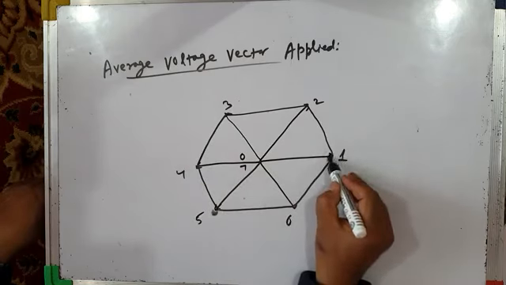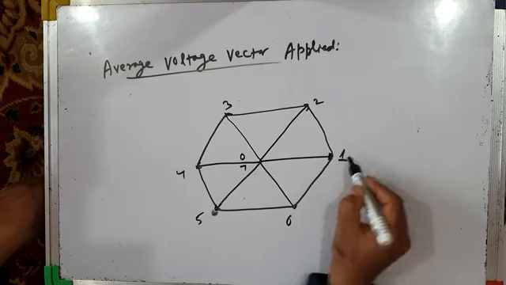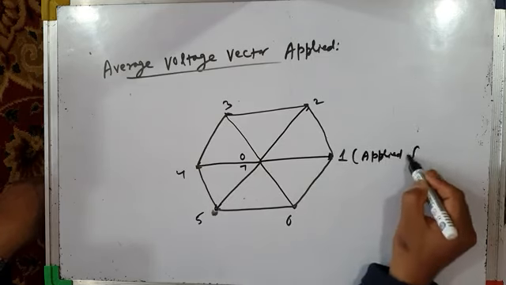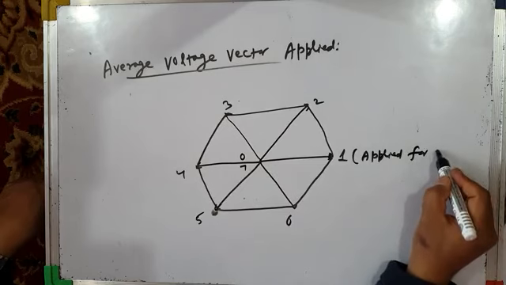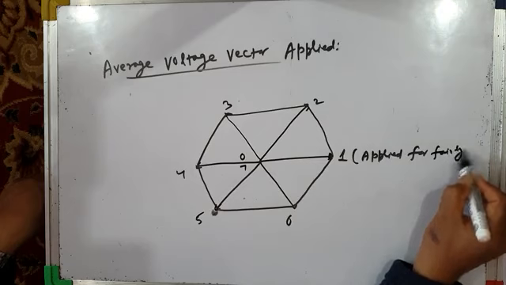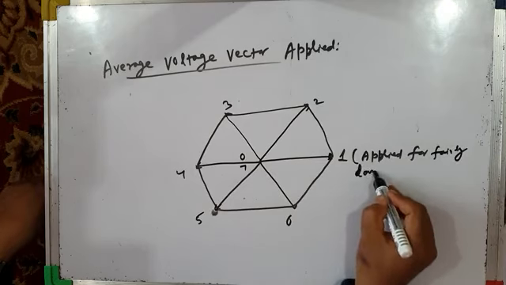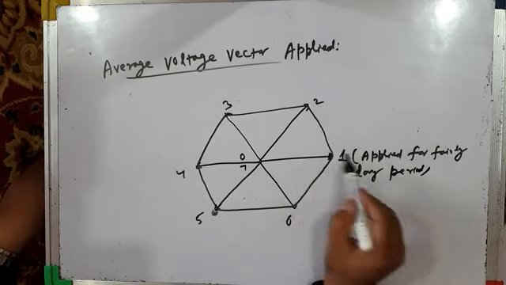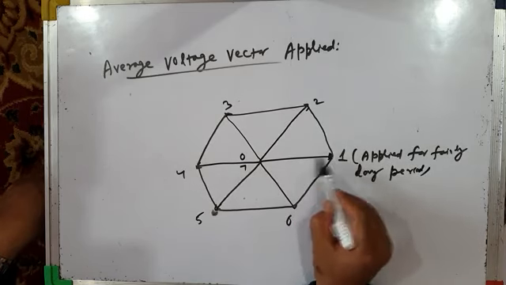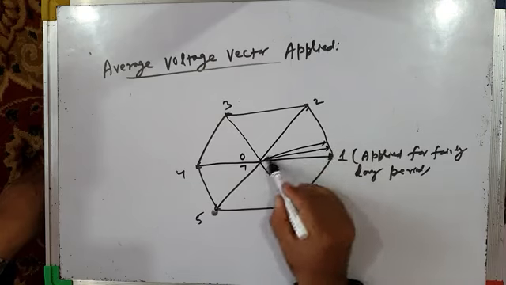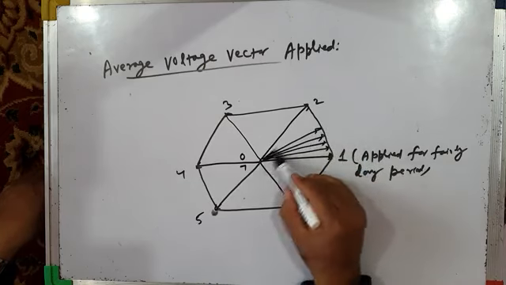Active vector 1 is applied for a fairly long time period, and then it remains here for some time, and then there is switching between active vector 1 and active vector 2.